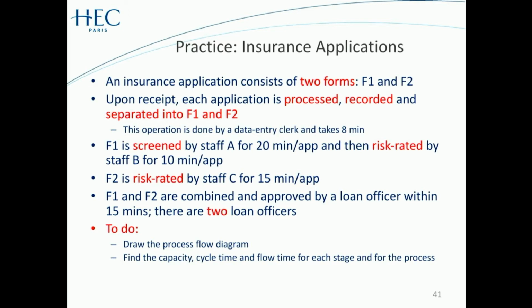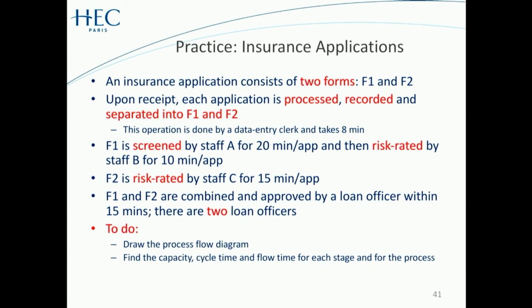Then Forms 1 go a different route. They are screened first by Staff A, and then restricted by Staff B. The first step takes 20 minutes, and the second step takes 10 minutes. Forms 2 go through a different route, and there they are only restricted by Staff C, for whom this takes 15 minutes per application.